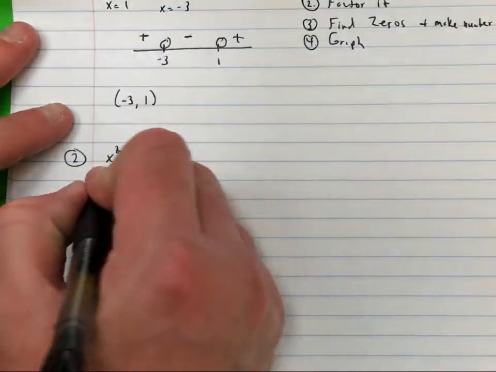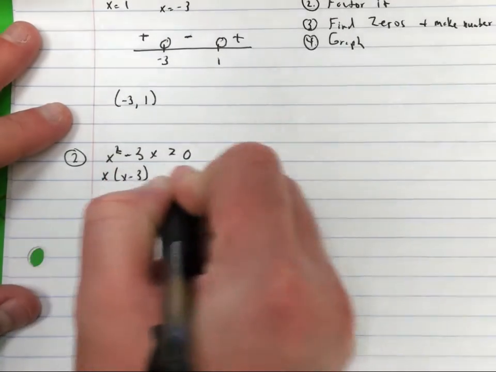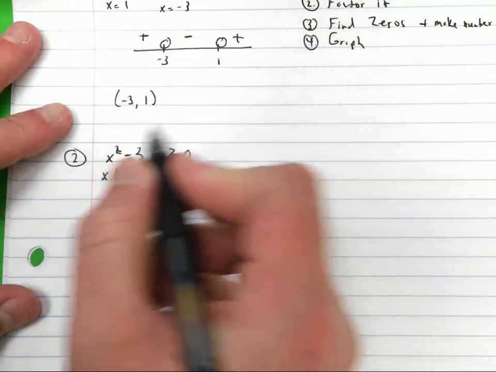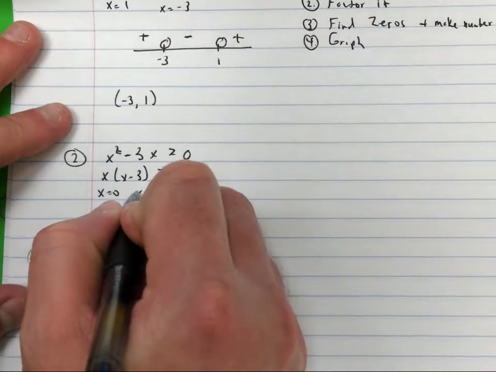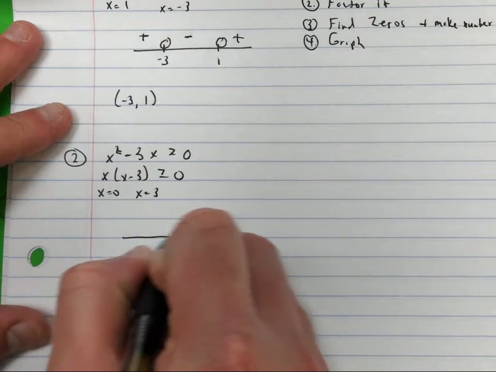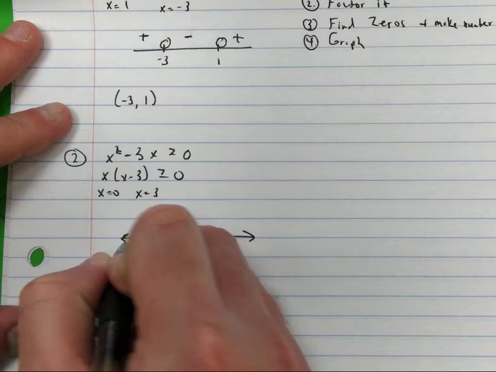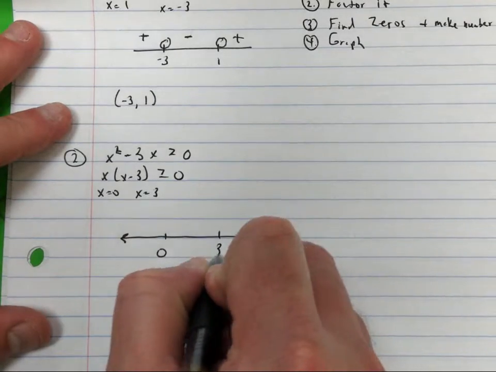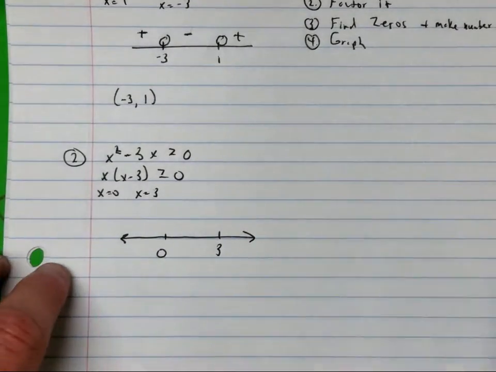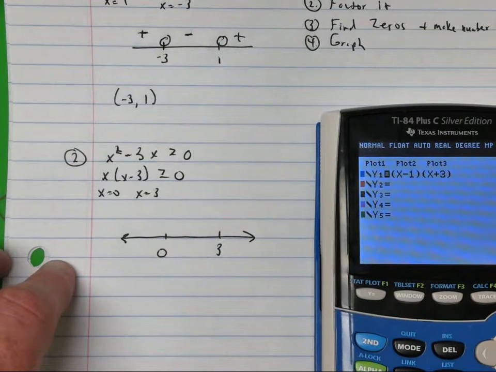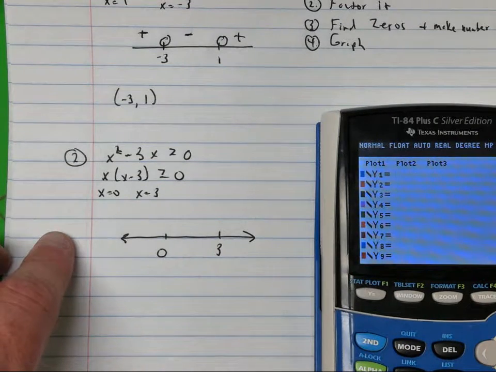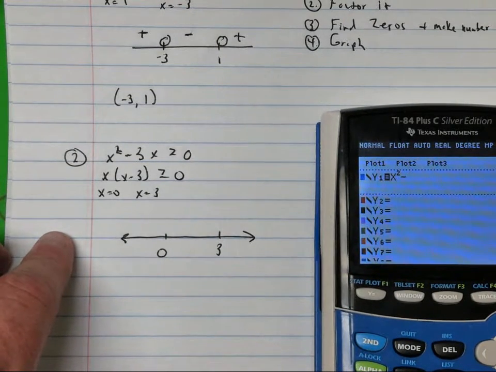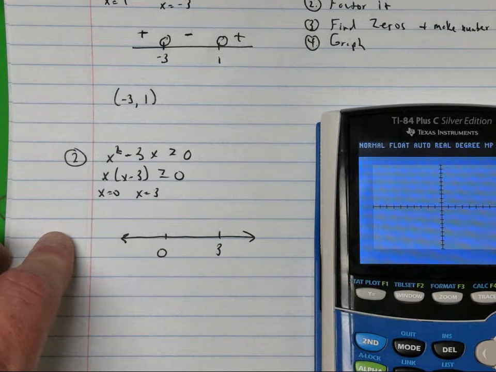I'm going to do GCF, take an x out, that leaves an x minus 3. My zeros are x equals 0 and x equals 3. Make a number line. I'm going to graph it. That's why it's so important to have a graphing calculator. It should cross at 0 and 3, it does.